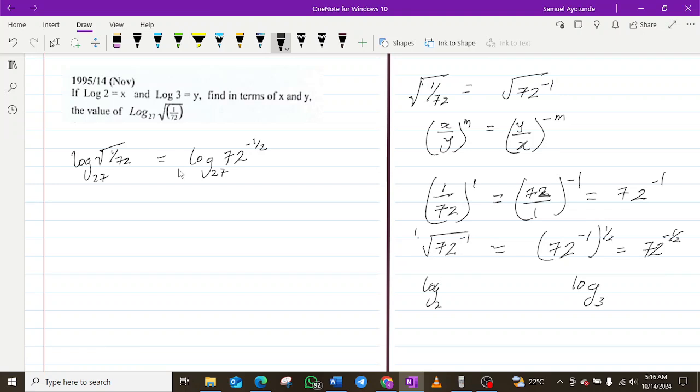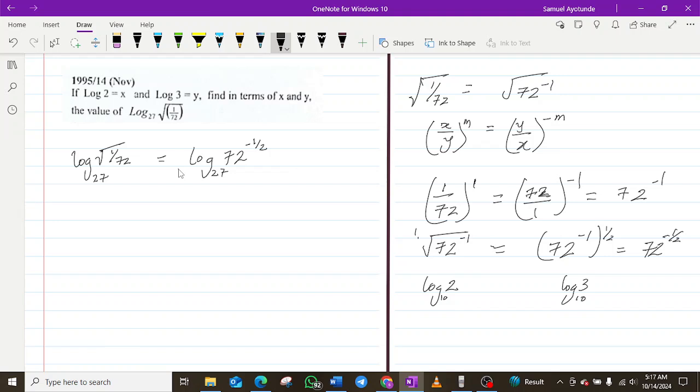And when no base is written, then the base is base 10. So that's why I'm using 10 here, so that whatever I'm replacing, I can easily replace it. If I use another base, it will create a problem because I won't be able to replace.